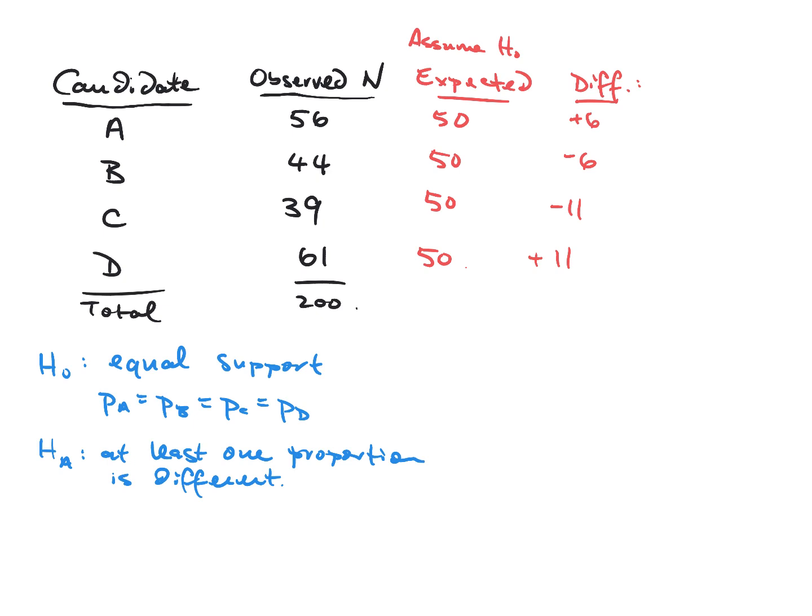If you square them, they all become positive, so you're talking about the squared difference. The last column I'll put here is the squared difference: 36, 36, 121, and 121.